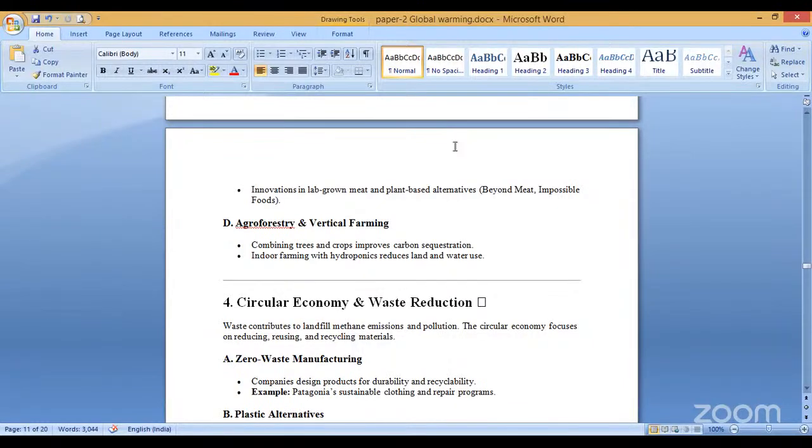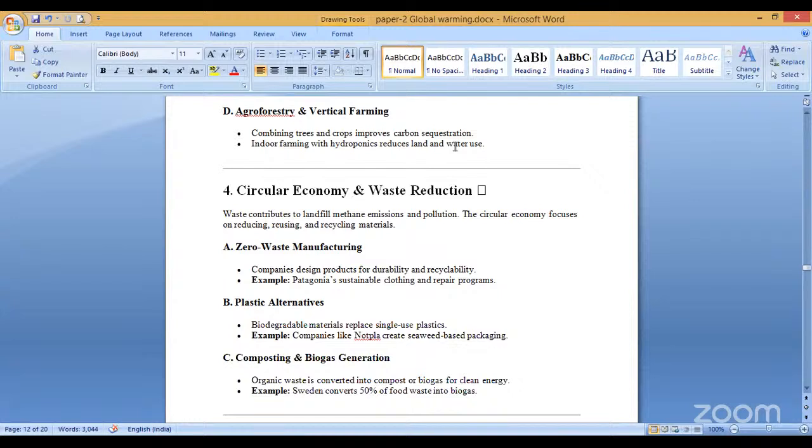Coming to the next one, the circular economy and waste reduction. Waste contributes to landfill methane emissions and air pollution.